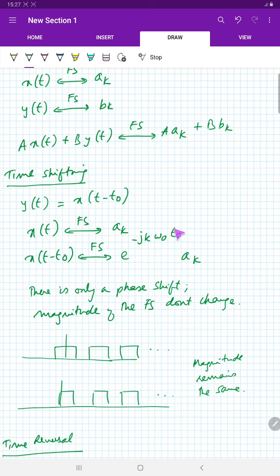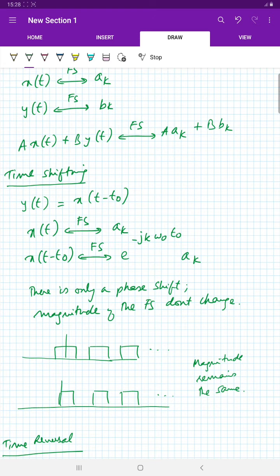So if you have a signal like this, and a signal like this, which is nothing but the time shifted version of this signal, the magnitude of the a k coefficients remains the same, only the phase changes, because in general a k could be complex, so it will have a magnitude and a phase.